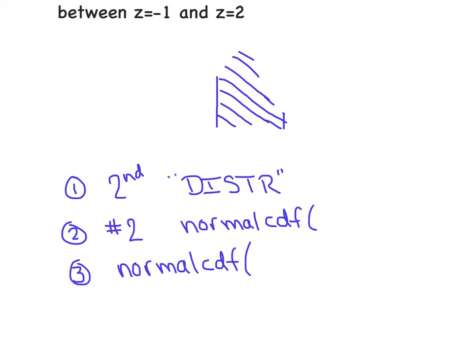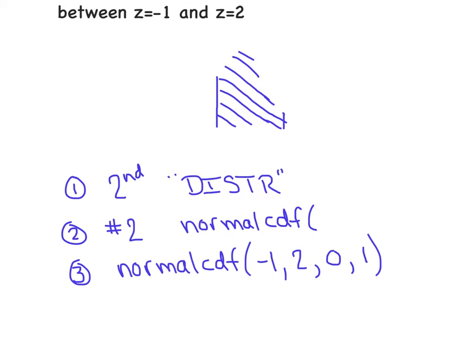And let's see, there's 4 things we're going to type in. We're going to do -1 for the low z-score. We're going to do +2 for the high z-score. We're going to do a 0 for our mean, and we're going to do a 1 for the standard deviation. And then you should be able to hit enter.